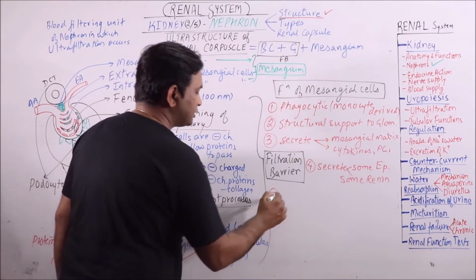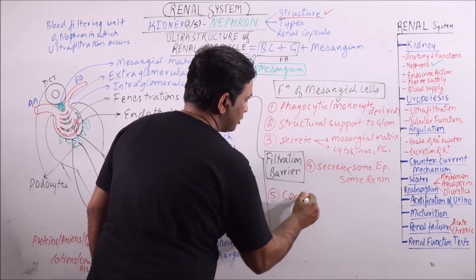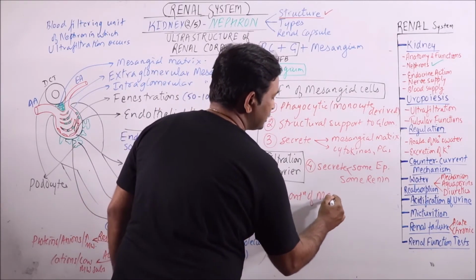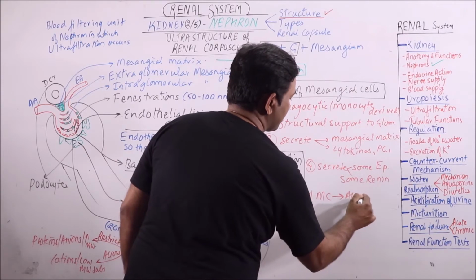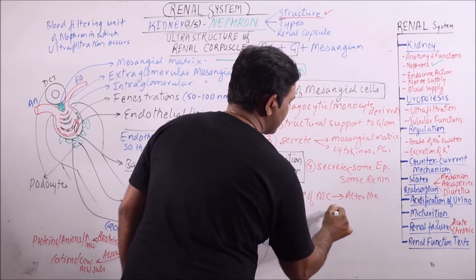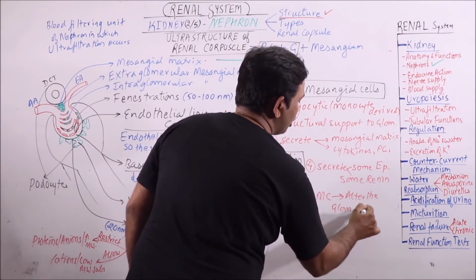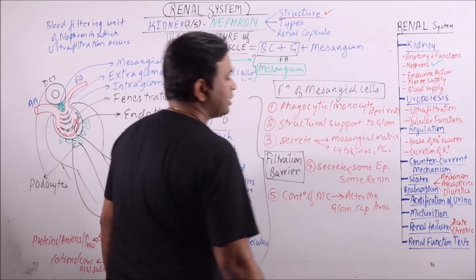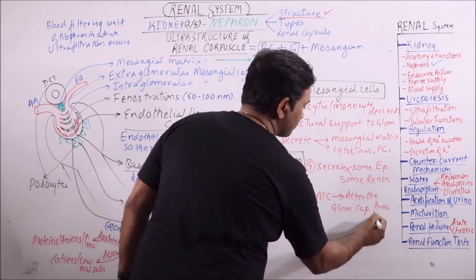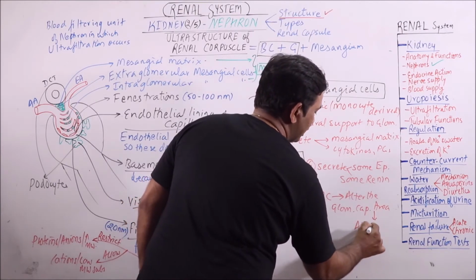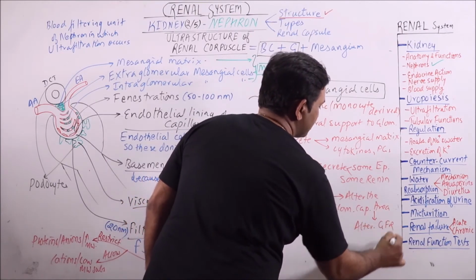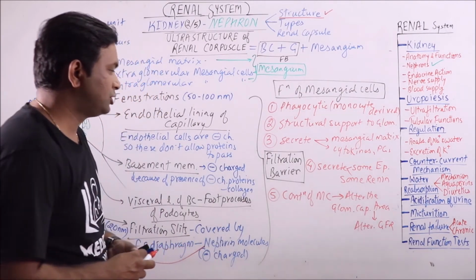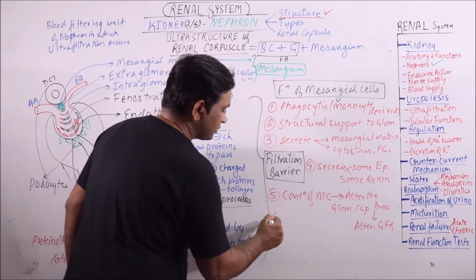Another important function is that contraction of mesangial cells alters the glomerular capillary bed area, thus altering GFR. So GFR is also altered.